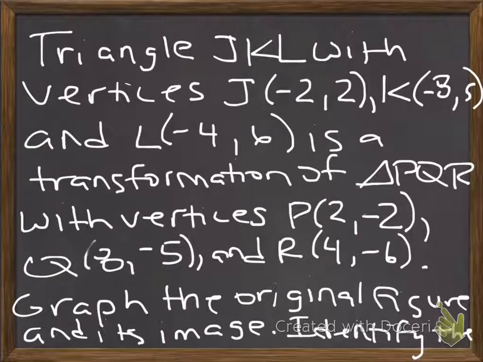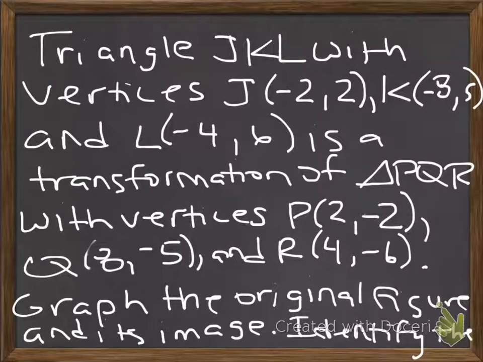And then for the last example, it gives us vertices for triangles. You have the pre-image and then you have the image. So we're supposed to graph both of those figures, and then we're supposed to identify its transformation as well as verify the congruence of it. So we're going to first graph them.